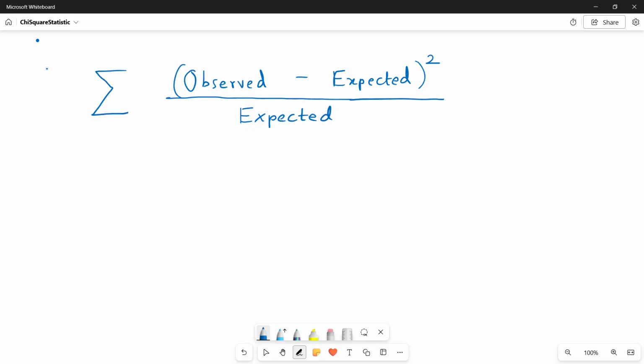So, observed value in the ith cell minus expected value in the ith cell, squared, divided by the expected value in the ith cell, and do this for all the cells. And this value will give you the test statistic known as chi square.